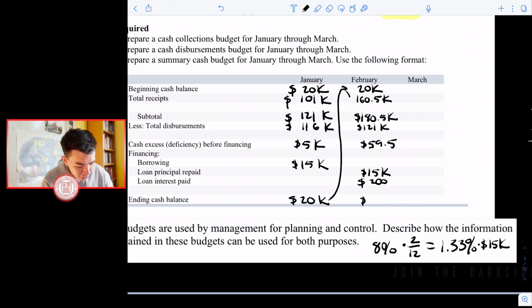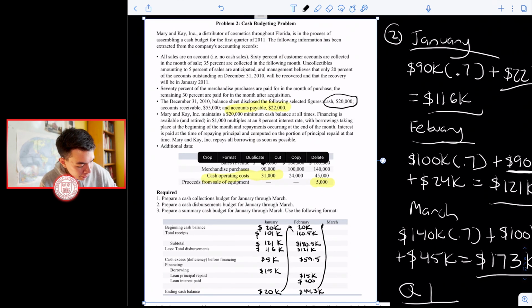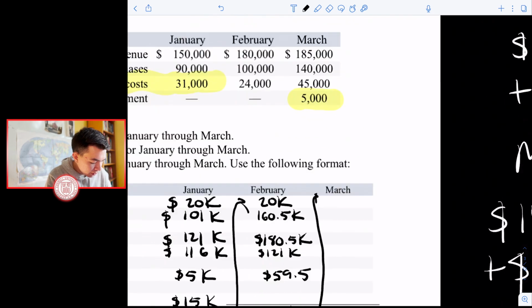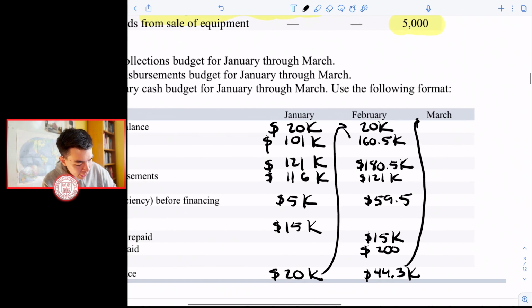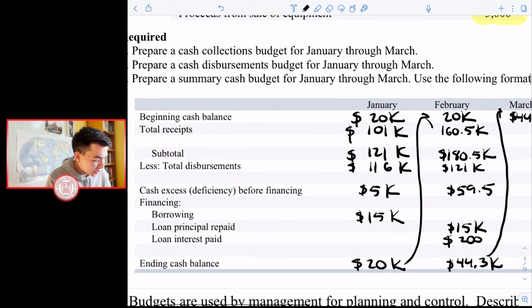And I get $44,300. And remember, I'm going to bring this number up again because the ending cash balance of February is going to be the same as the beginning of the next month. So I'm going to rewrite that, and we get 44.3 thousand for that beginning cash balance.